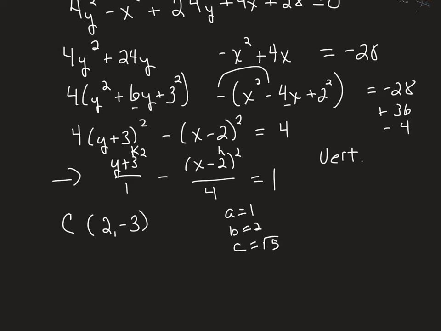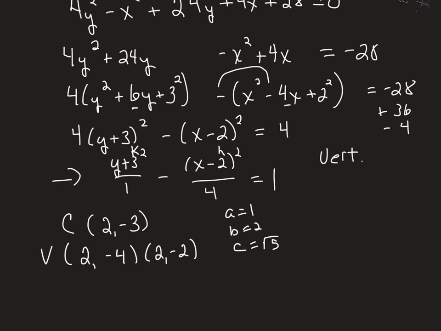All right, so if we think about our vertices, it's a vertical transverse axis, so it's the y that's changing, so the 2 is going to stay the same. I was already thinking about the foci. We'll have negative 3 minus 1, which is negative 4, and (2, negative 3 plus 1), so that's going to be negative 2.